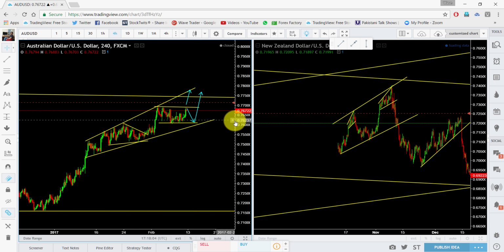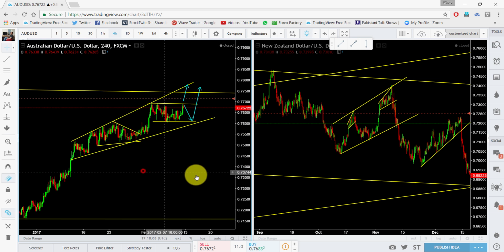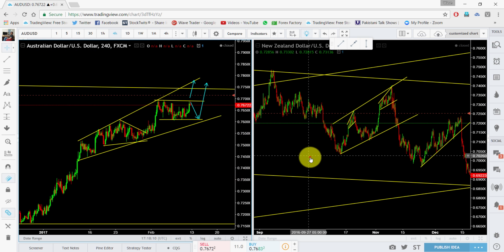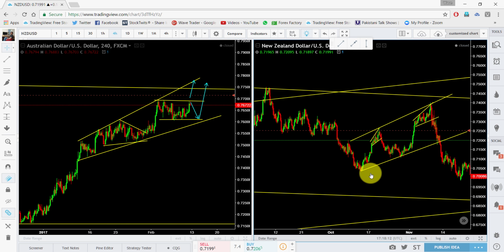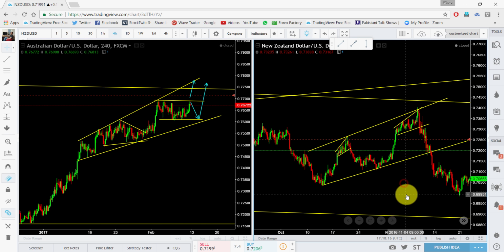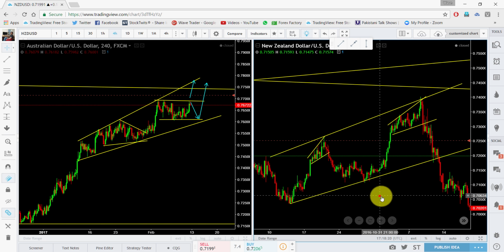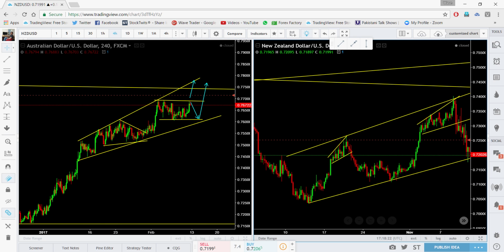Okay, here is the pattern. You guys can see it forming on the 4-hour time frame. This pattern forms when price starts to struggle in a particular trend; you will see this kind of pattern formation.